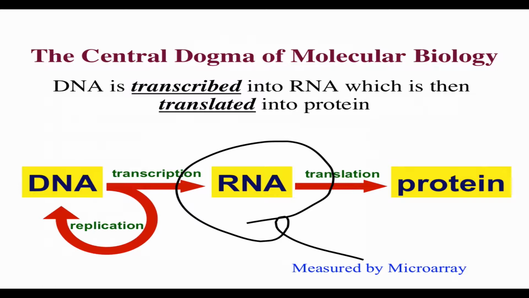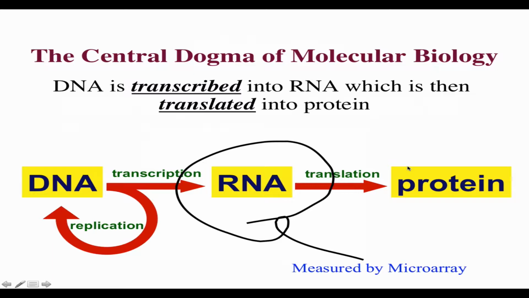So when you're doing a microarray or an RNA-seq, you're measuring a snapshot of the steady state RNA levels, more or less. And you don't get a complete dynamic picture of how the RNA is actually being transcribed, nor how it's actually being translated.